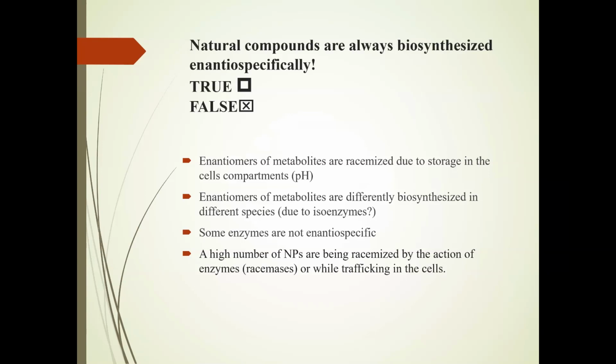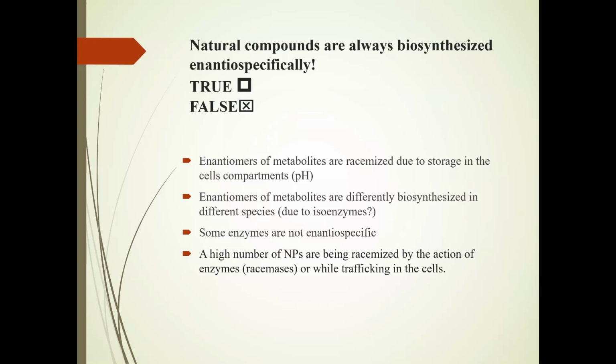Historically, there was a misunderstanding of the chemical purity of natural products, that natural products are always biosynthesized enantiomer specifically. This is actually false, and especially in the recent 10 or 15 years, this has been greatly challenged by many researchers, and now we can understand why this is happening.